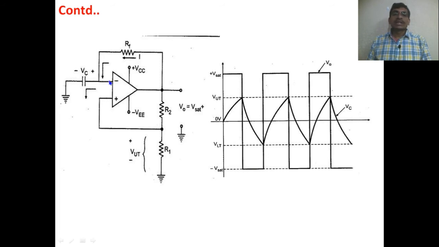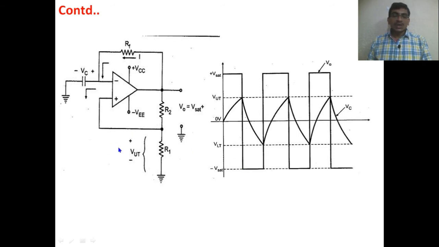The inverting terminal voltage will be greater than the non-inverting terminal voltage whenever the capacitor charging voltage Vc is greater than the upper threshold level. Then what happens? As the negative terminal voltage is greater, the output switches to minus V saturation, automatically going from plus V saturation to minus V saturation.